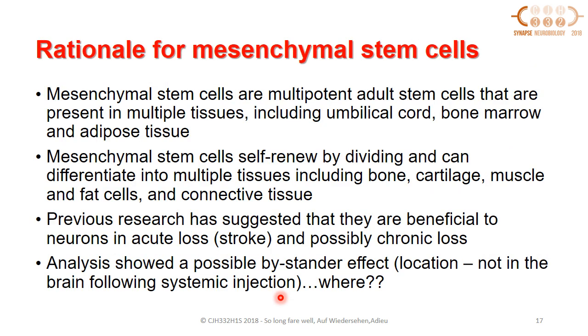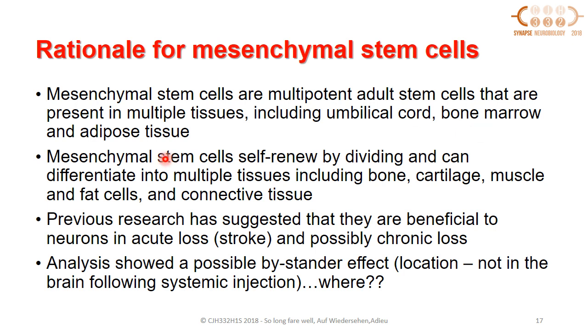Again, just as a reminder, these mesenchymal stem cells are multipotent adult stem cells. They're found in a number of different tissues, so they exist in the adult stage. They're multipotent, found in the umbilical cord. We can also find these multipotent mesenchymal stem cells in the bone marrow as well as in adipose tissue.